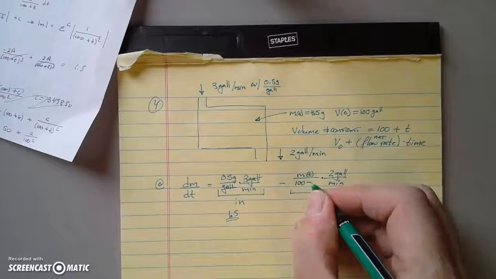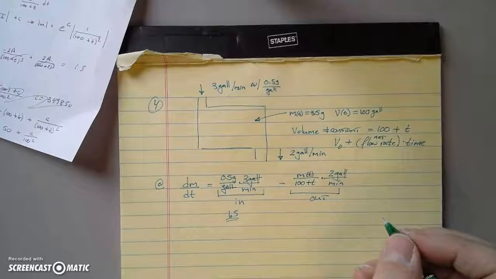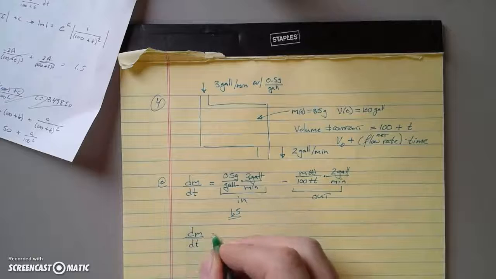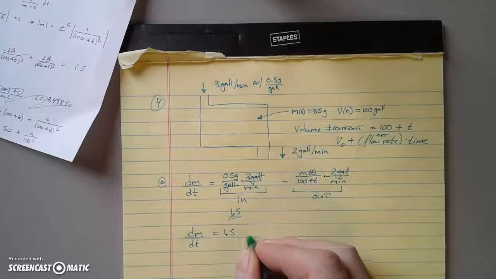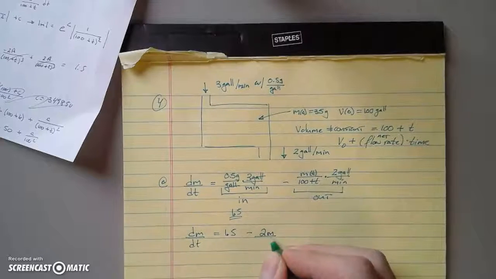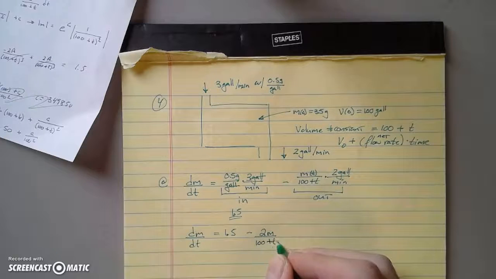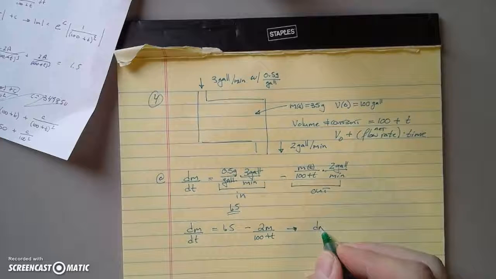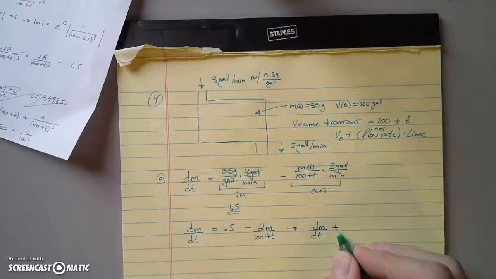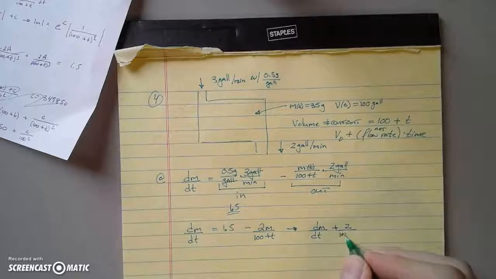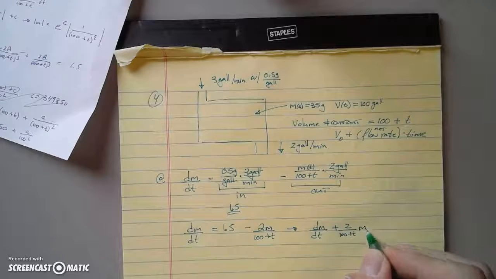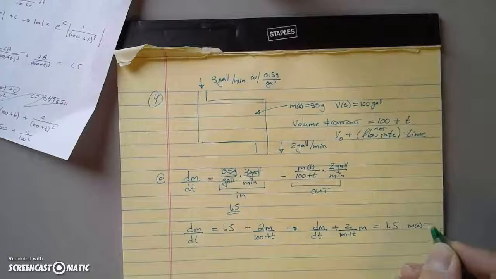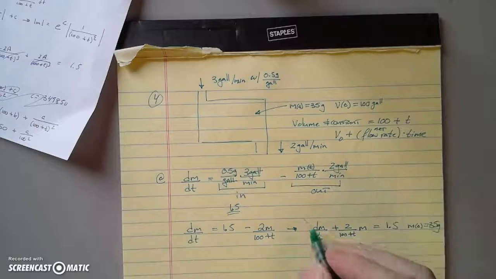So here we have 100 plus T. So then our differential equation is dm/dt equals 1.5 minus 2m over 100 plus T. And let's rewrite this a little bit. So it's dm/dt plus 2 over 100 plus T times m equals 1.5, and we have the same initial condition.